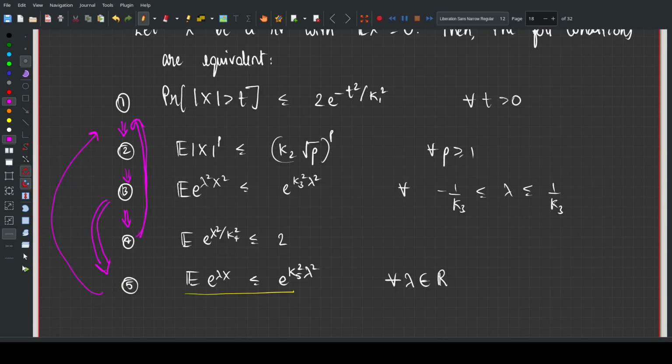So essentially you have this circular implication, which means that all of them are equivalent.